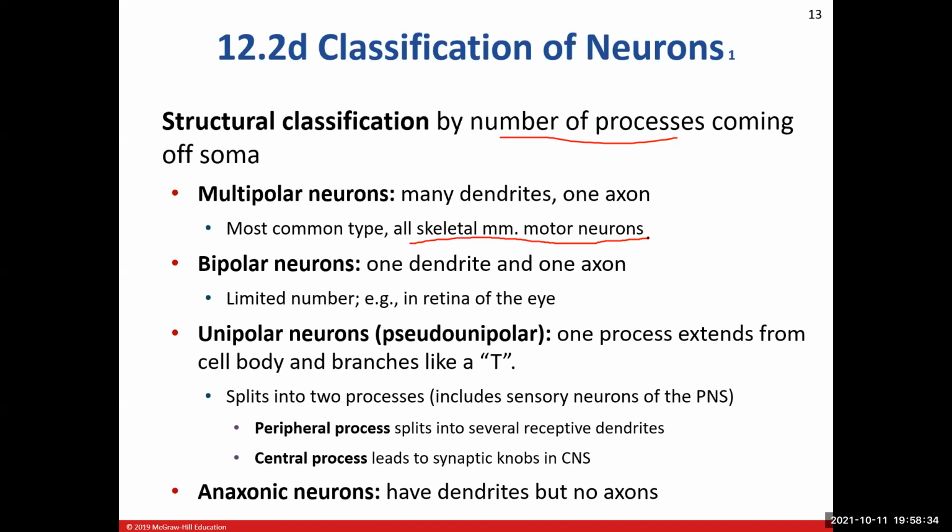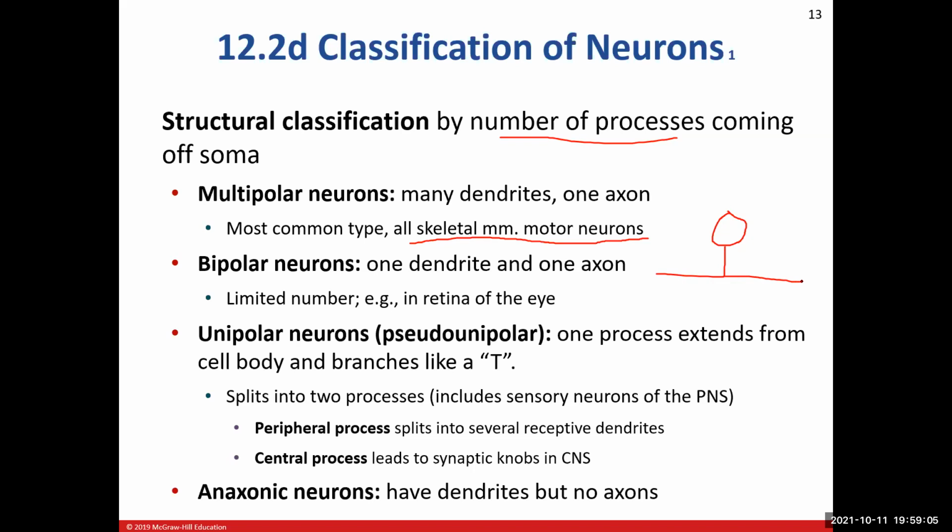Then you have your unipolar neurons. You have one process that's coming off of the cell body, and then that process splits like a T, one going one way, the other going the other way, so it splits into two processes. Most of the sensory neurons that you're going to see in our periphery are going to be unipolar neurons, or pseudo-unipolar.